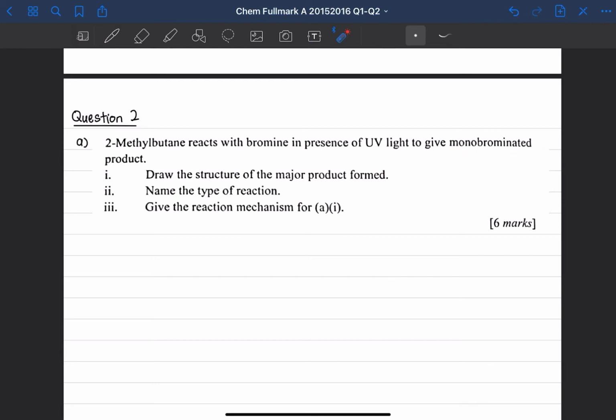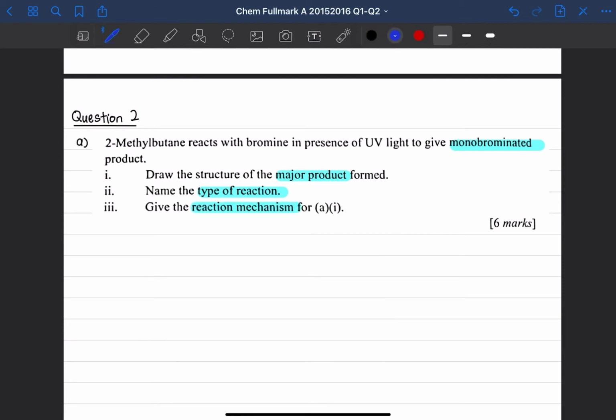Draw the structure of the major product formed, name the type of reaction, and write the reaction mechanism.